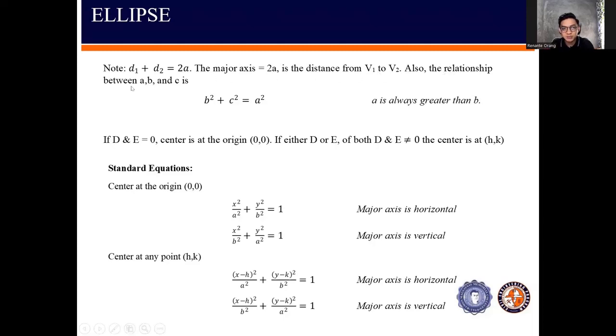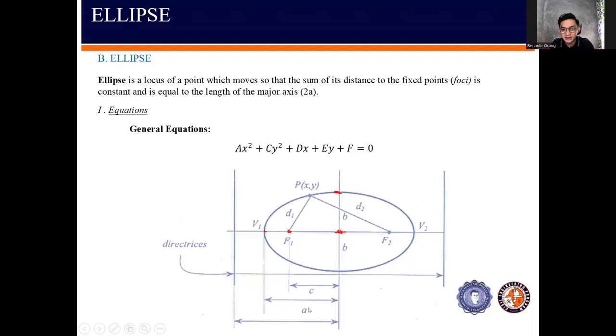Also, the relationship between A, B, and C is that B squared plus C squared is always equivalent to A squared, where A is always greater than B. Our A is the distance along the major axis, while B is along the minor axis and C is from the center to our focus.